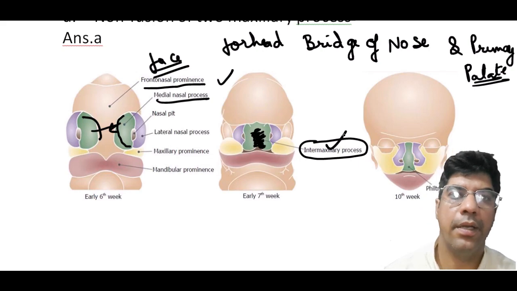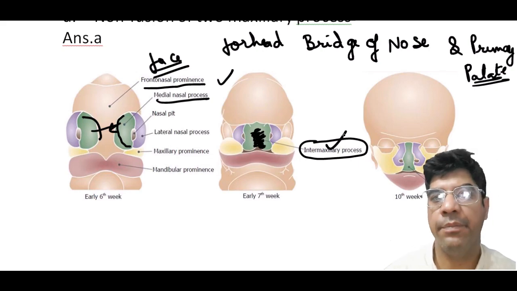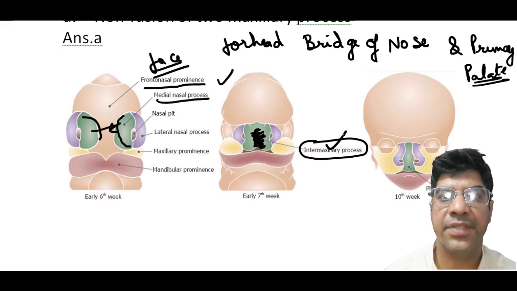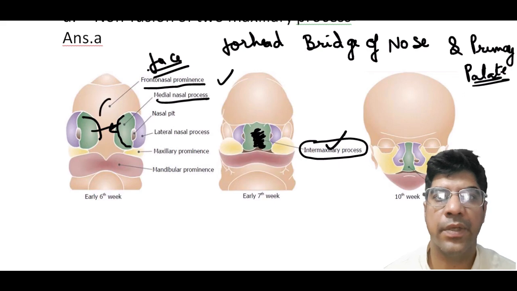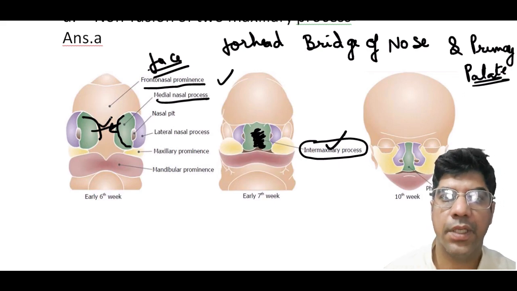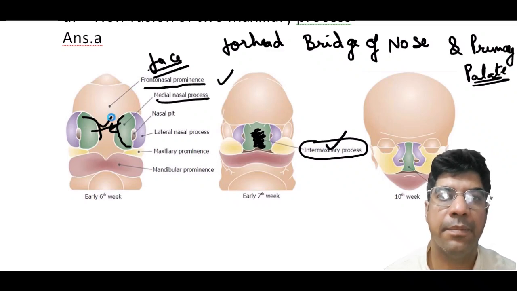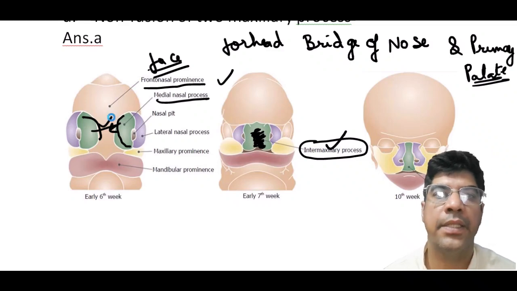So it originates from the fusion of the median nasal process, which are the extension of the frontonasal process. So the intermaxillary process plays an important role in forming the central portion of the upper lip, philtrum, and the primary palate, including the incisor teeth.